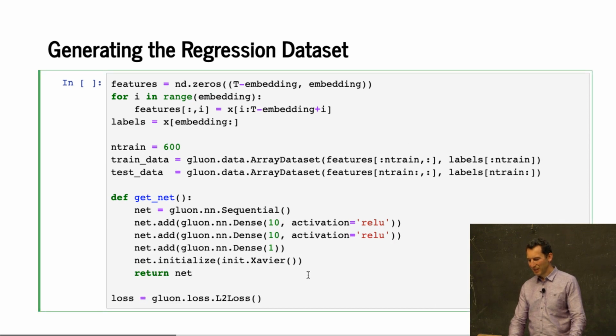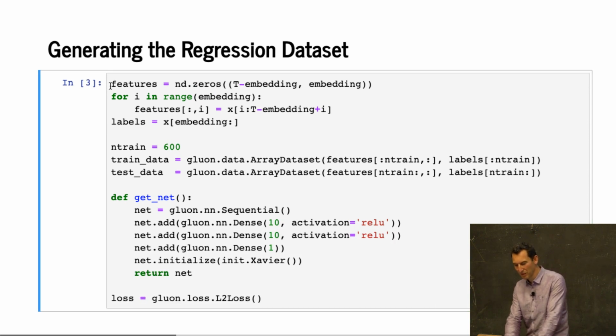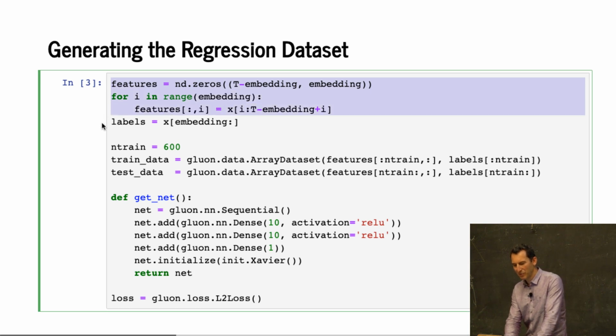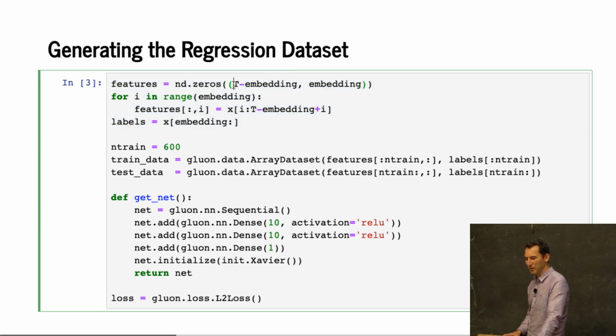So the first thing I need to do is actually generate the data set and define a model. So I'm going to first generate a data set. If I have an embedding of 4 and I have 1,000 observations, then, since I now have vectors of length 5, I basically need to make a smaller object, right?